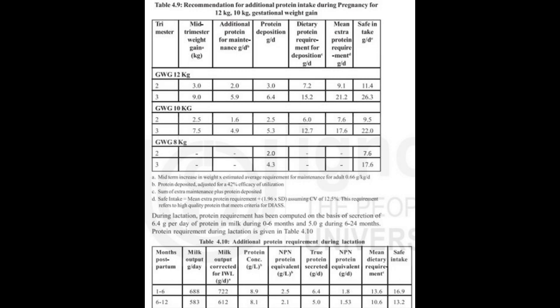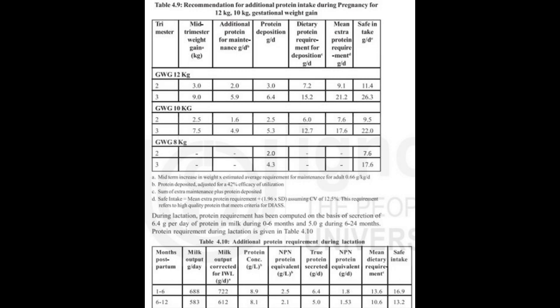Protein requirement during pregnancy and lactation. Protein requirement during pregnancy has been assessed by the factorial method as the additional requirement for fetal growth and expansion of maternal tissue. Protein requirement during pregnancy is given in Table 4.9. For a gestational weight gain, GWG, of 10 kilograms, the protein deposition would be 2.5 g/d and 5.3 g/d for the second and third trimesters respectively.